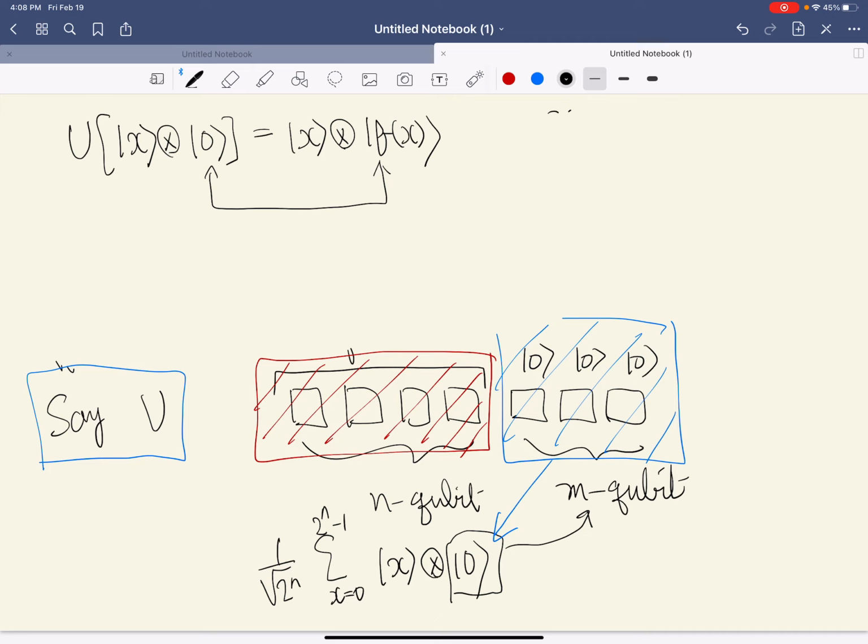So the obvious implication is that this f of x is somehow the functional value of this function f when the input value happens to be one of these 2 to the n binary digits.